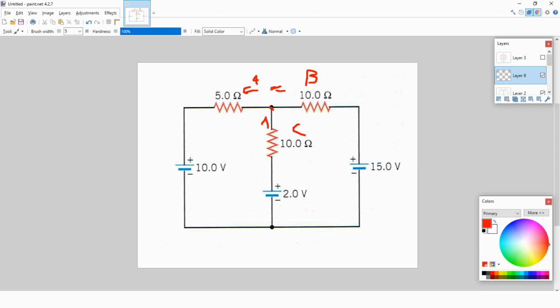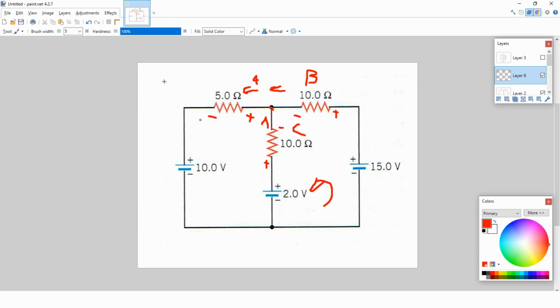Obviously the lines are a bit rushed, but that doesn't matter. And let's put plus or minus on these. So current flows this way, plus, minus, current flows this way, plus, minus, current flows this way, plus, minus, and let's do some analysis.